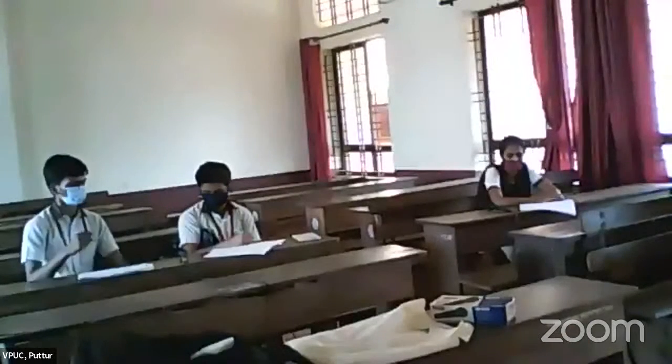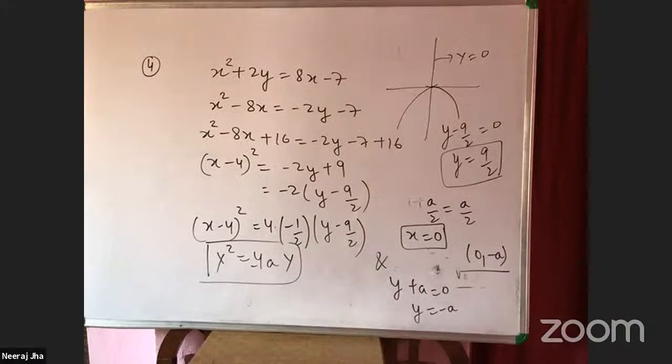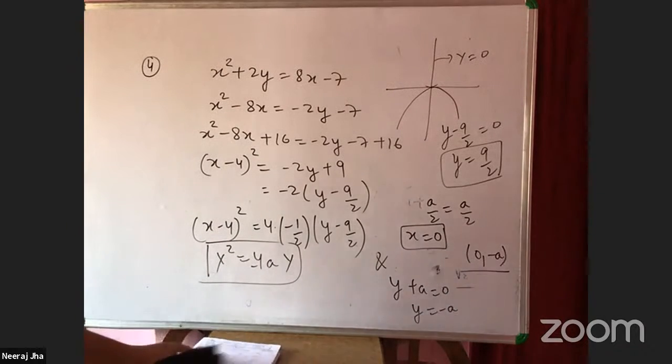Yes. Okay. Next problem: the equation of the parabola whose focus is this and directrix is this. Chalo, let us do this problem also. Problem number 5. This is an easy problem. 2, 3 and 4 are easy problems.